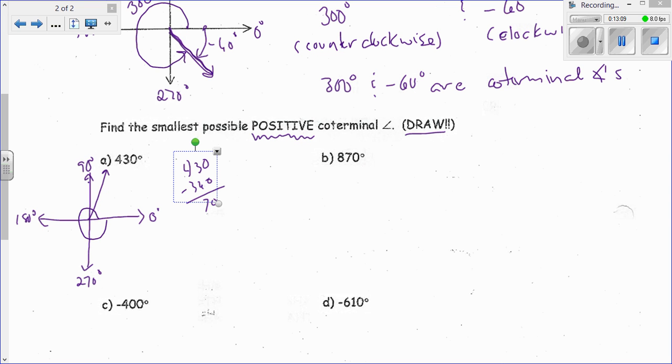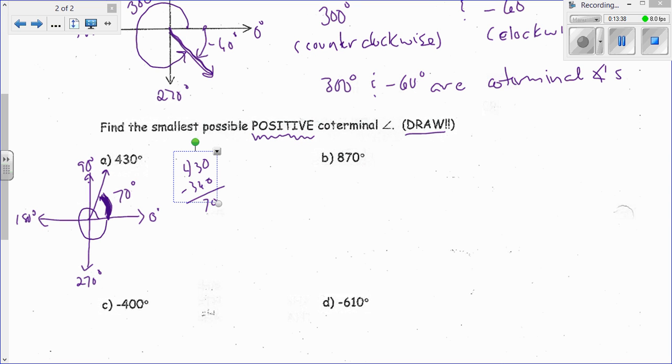So I'm going to continue on here from 0 degrees and go the extra 70 degrees. The smallest possible positive coterminal angle is the difference that I went. It's just 70 degrees. Starting from here and going to there, that's the smallest possible coterminal angle that I can have.